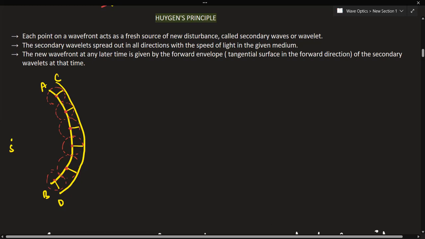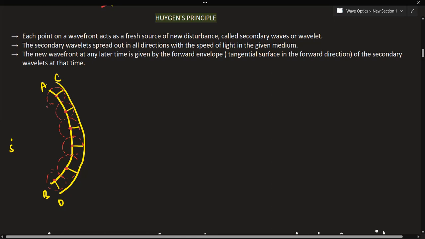Now, according to Huygens principle, each point on AB becomes a source of secondary disturbance, which travels with the same speed of light, that is c, 3 into 10 to the power 8 meters per second.